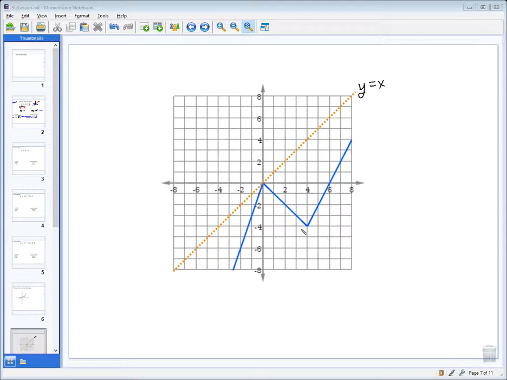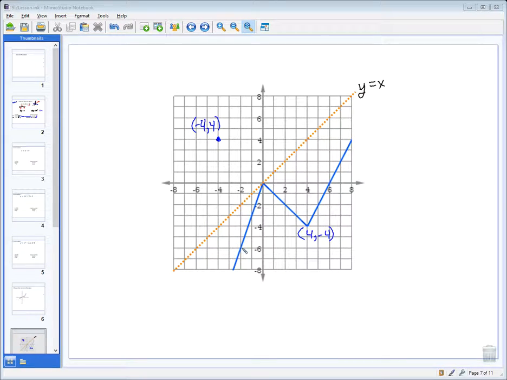So this point that's right here at 4, negative 4, would then become negative 4, 4. And notice that all I did is reflect it straight across this y equals x line.